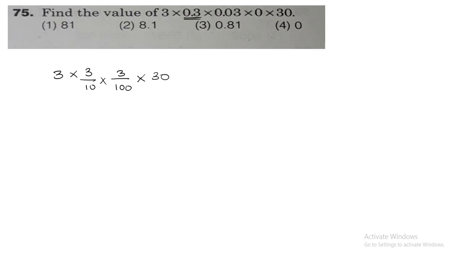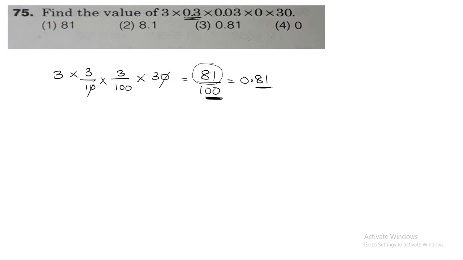Now if I do the simplification, 10 and 10 I can cancel out. Next 3 3s are 9, 9 3s are 27, 27 3s are 81. So 81 divided by 100 can be written as 0.81. Because I have 2 zeros in the denominator, I should have 2 decimal places after the decimal point, and the numerator has 2 digits.